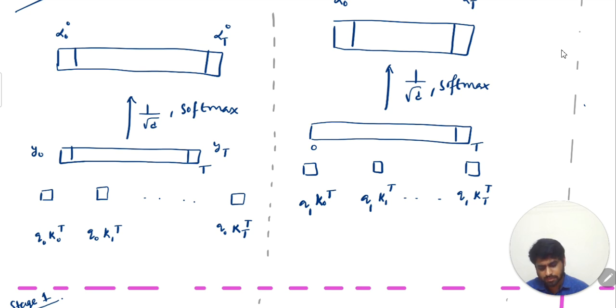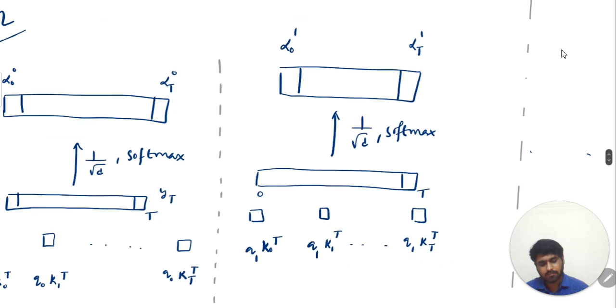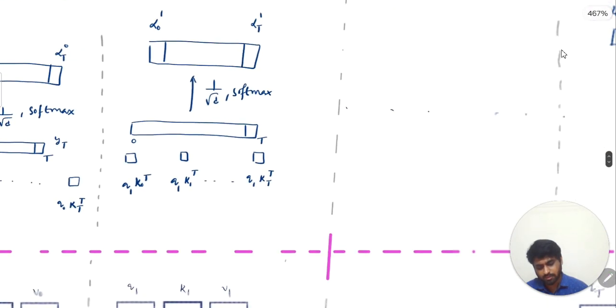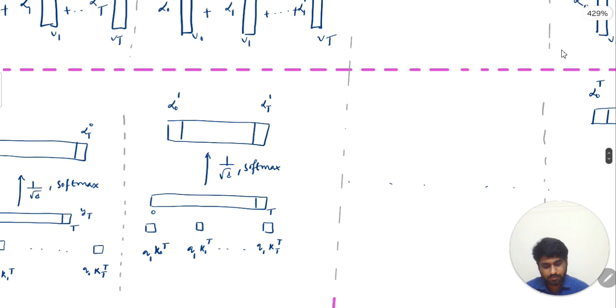The next step is to scale it with the square root of d, the dimension of each embedding, and upon applying softmax we get alpha 0 to alpha t for the 0th embedding. Similarly we can do it for the first embedding, where we take the first query Q1 and dot product it with all the available keys, which leads to a vector of length t.